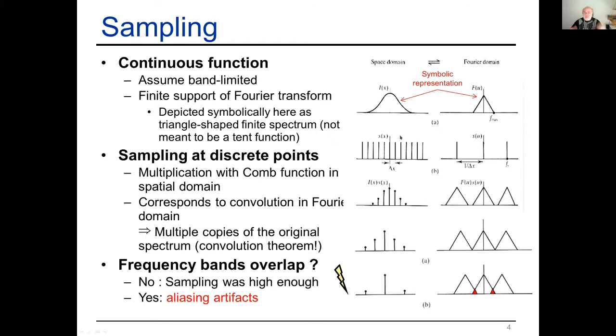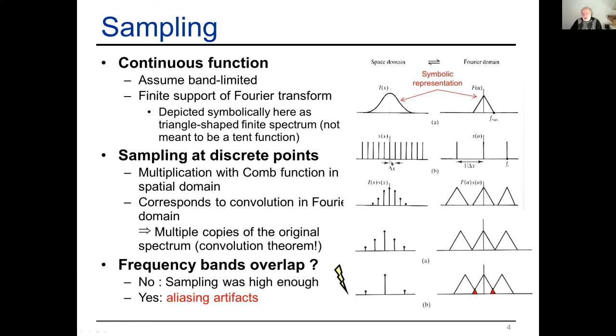This could be any function. On the right-hand side is a symbolic representation of its Fourier spectrum. We just represent that spectrum, which typically falls off as we saw from the center, simply as this triangle here, just for illustration purposes.